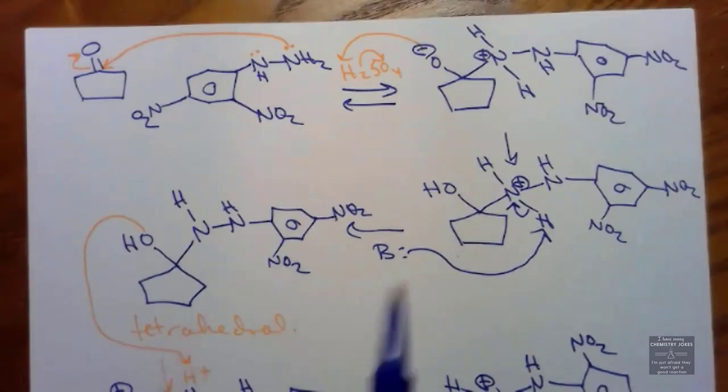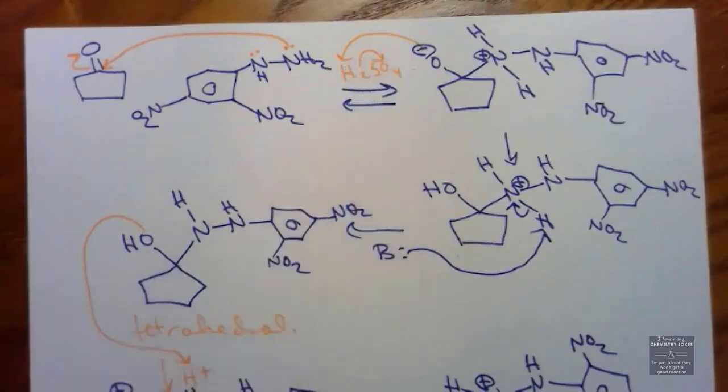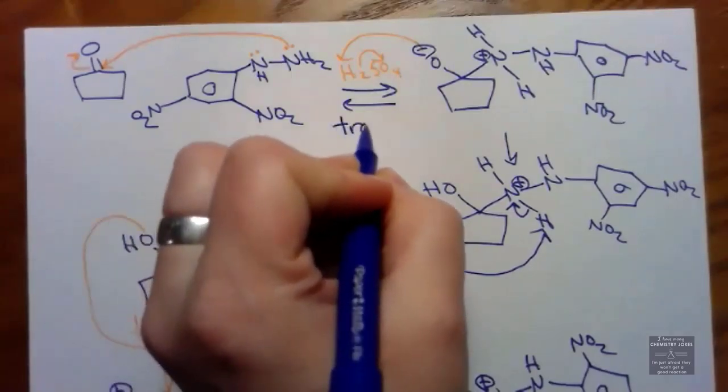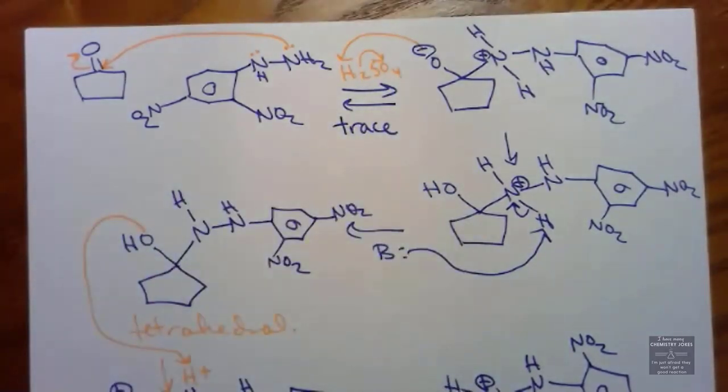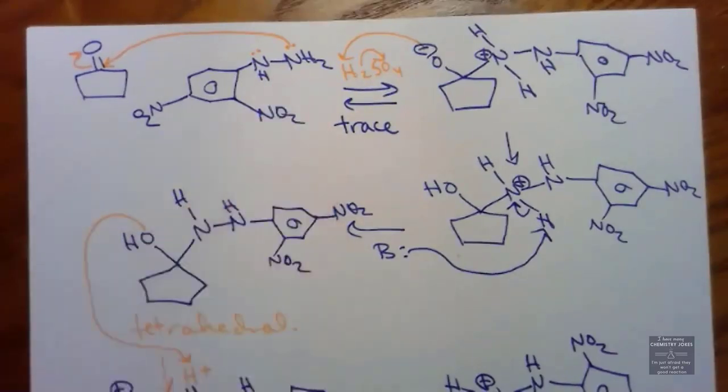The truth: this acid has to be a very small concentration. A lot of times it will say a trace of acid. Why is that so important? Because we're reacting an aldehyde or ketone with an amine. And the first thing that you knew about amines a long time ago was that amines are good bases.